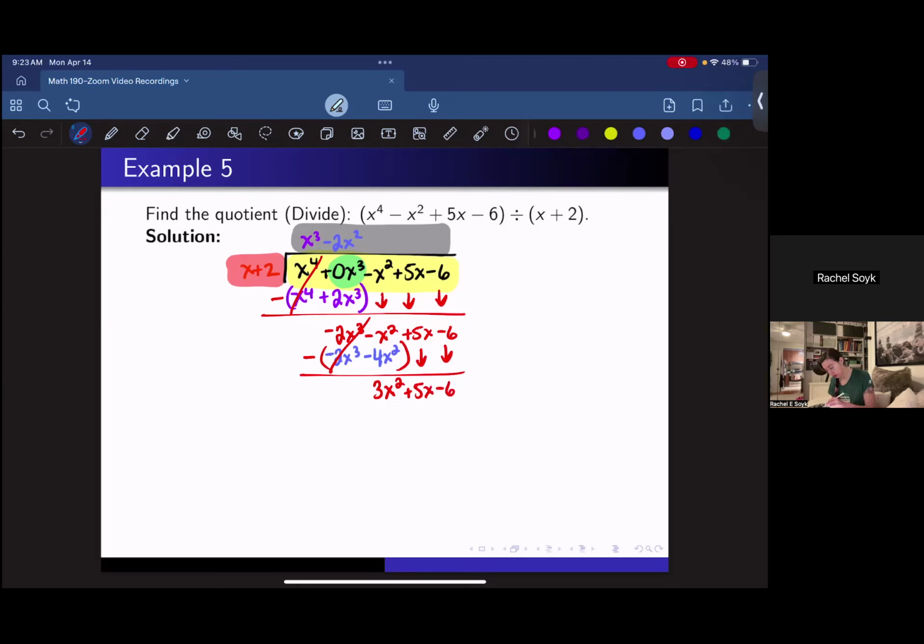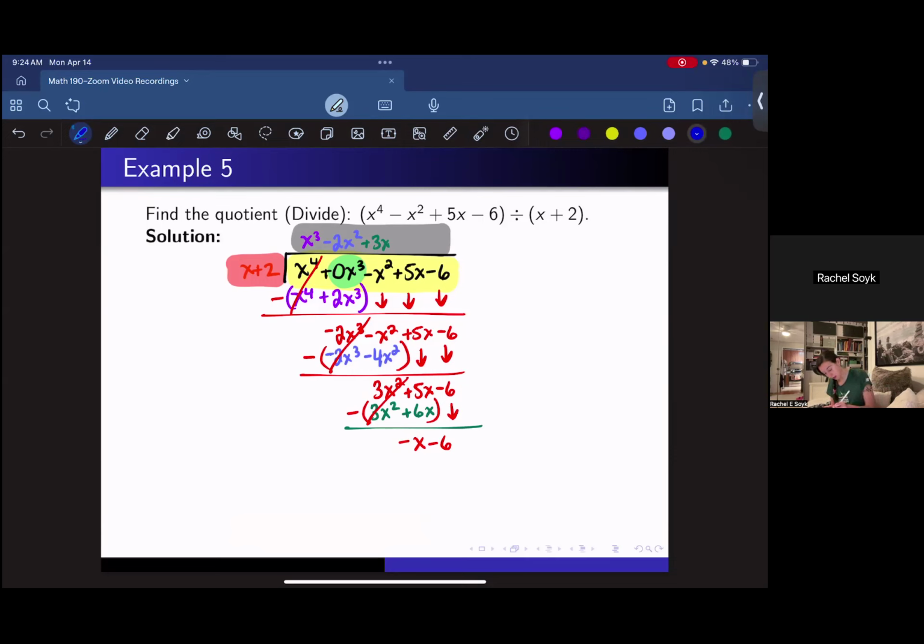Repeat the process. We get x times 3x gives you your 3x squared. And then 3x times 2 gives you a plus 6x. Go ahead and subtract. Bringing the negative 6 down. Repeating our process.